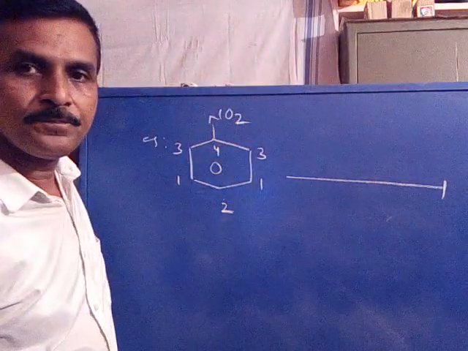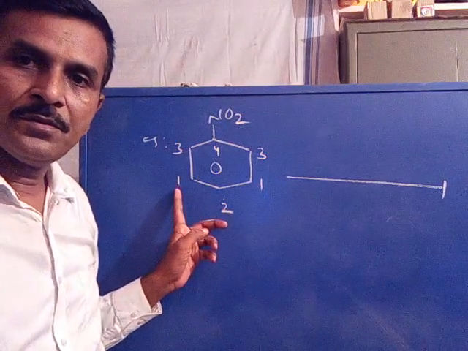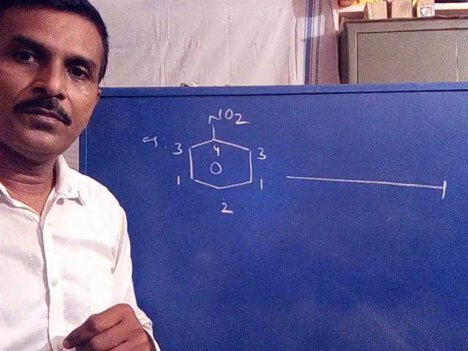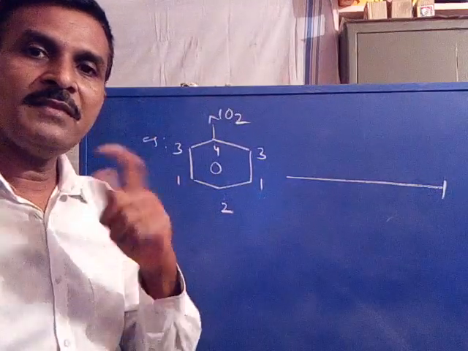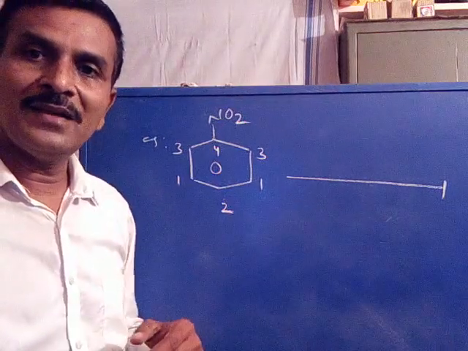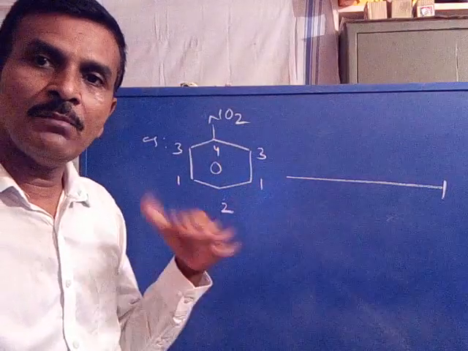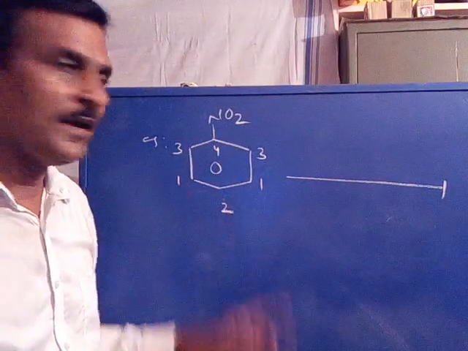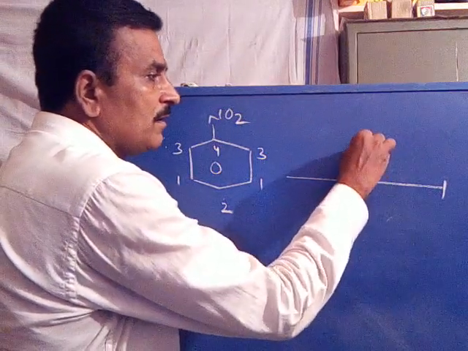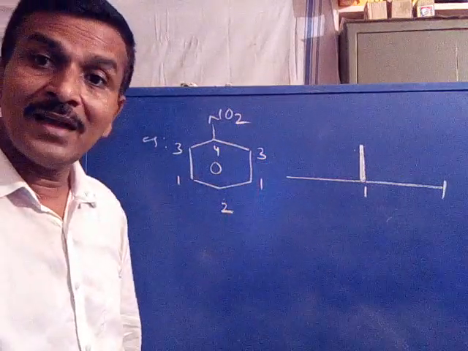Now you can see, in the first set there are 2 equivalent carbons. Just now we studied that if any set contains more than one equivalent carbon, its signal appears dark. So the first set of carbon signal appears dark.